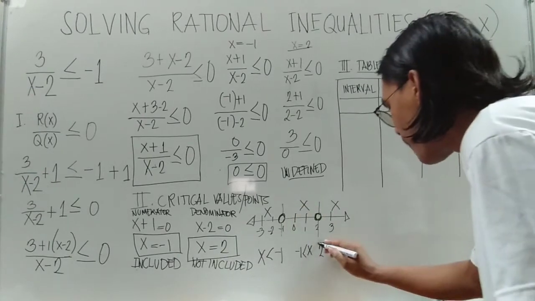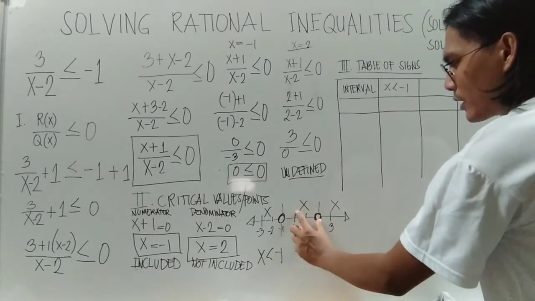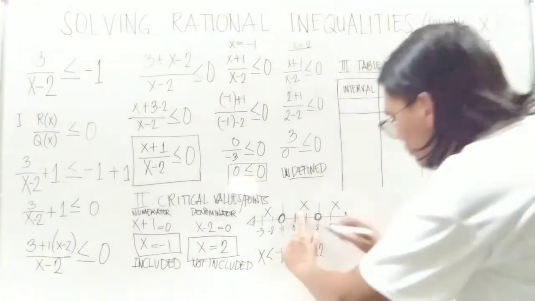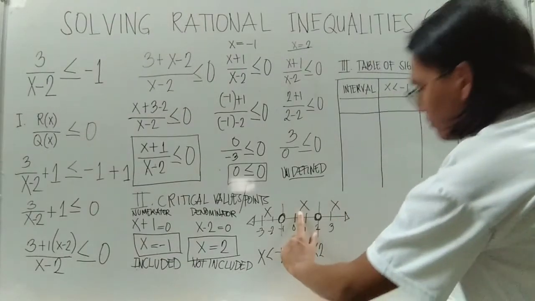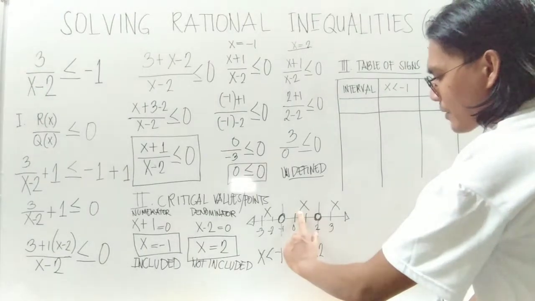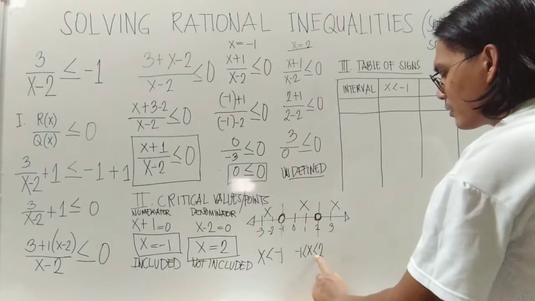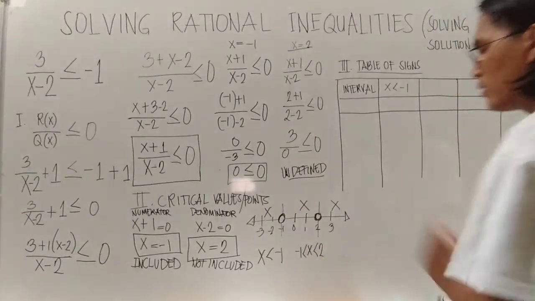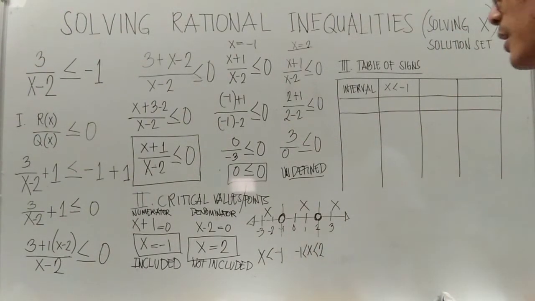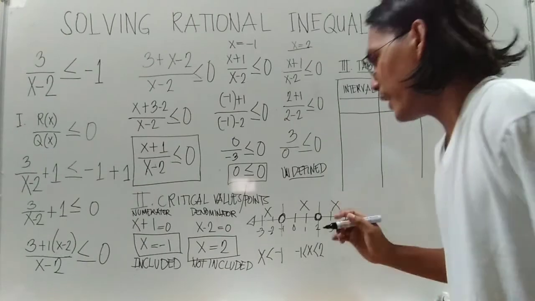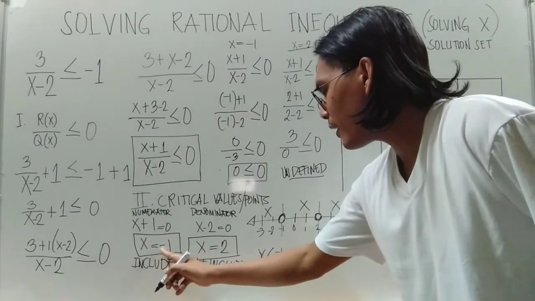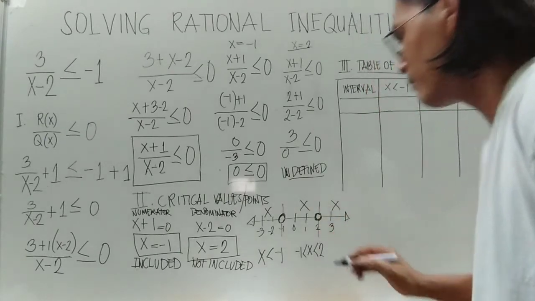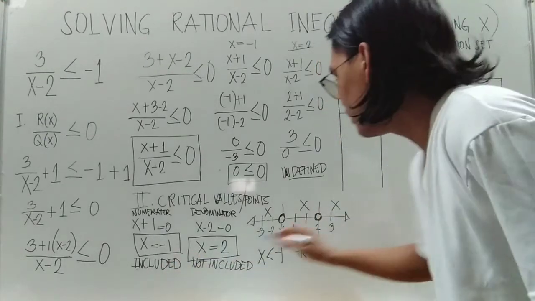Of course, positive 2 is greater because 2 is on the right side of x. So the opening of your inequality symbol will open on positive 2. And not to forget, x equal to negative 1 is included.